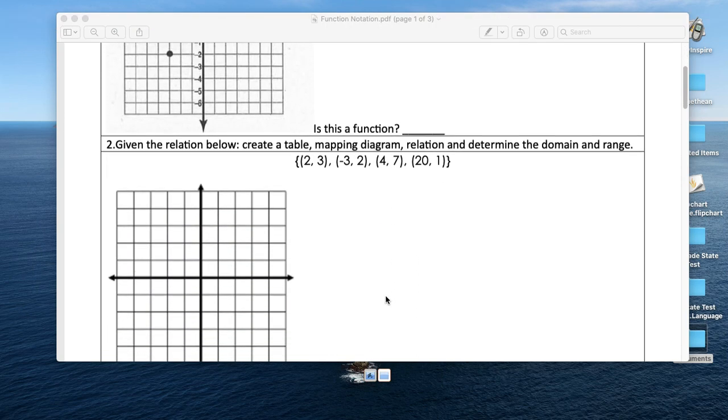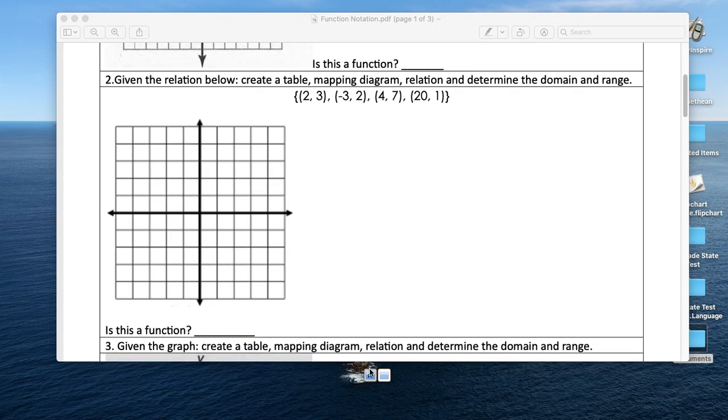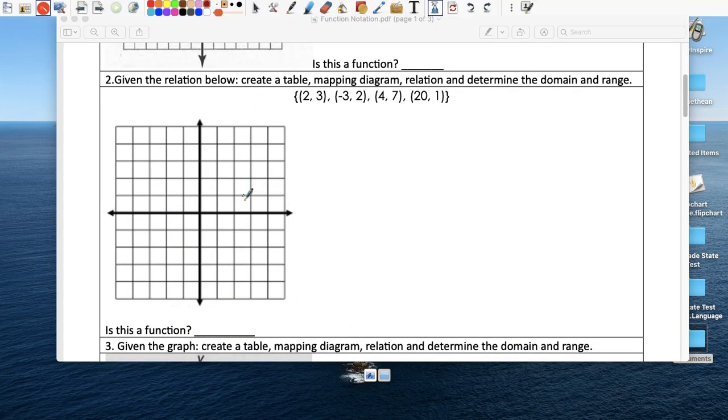All right, so let's take a look at this one. I'm going to plot the points: 2 and 3, negative 3 and 2, 4 and 7. 1, 2, 3, 4, 5, 6, 7, somewhere up here. And then 20 and 1. 1, 2, 3, 4, 5, 6.